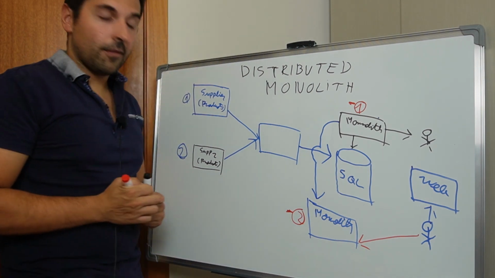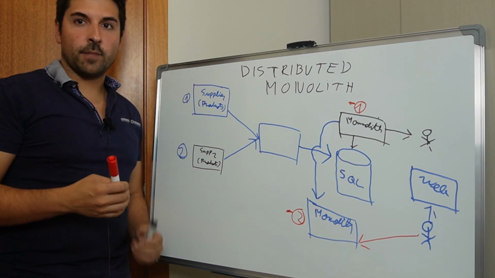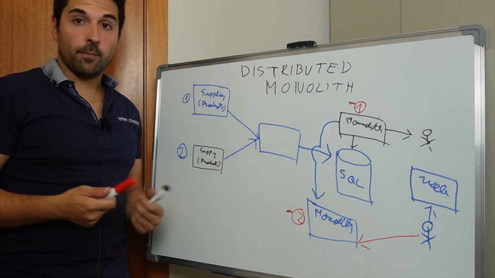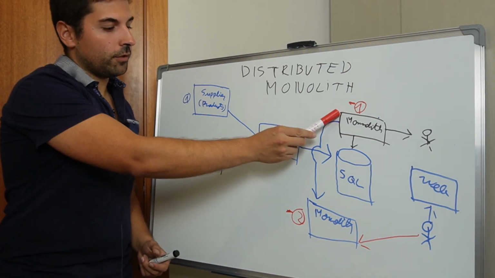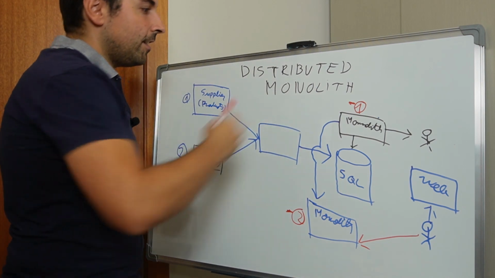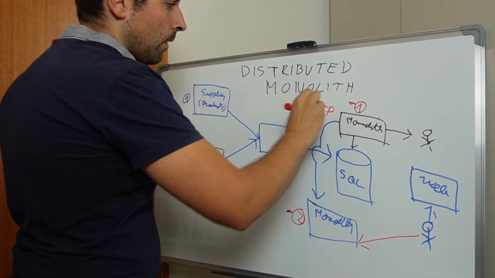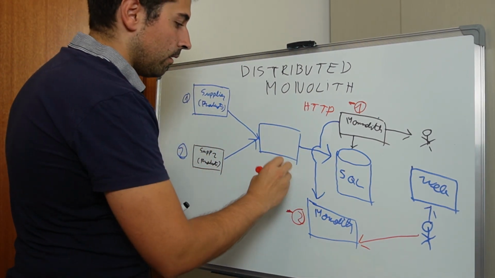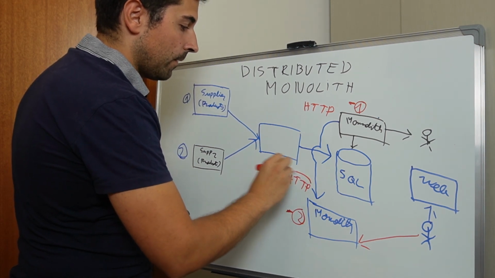So this was awful. And that made me realize, while making this video, that we were in a distributed system, but of monoliths, because this guy over here was communicating via HTTP all the time, and this guy over there was communicating via remote procedure calls.